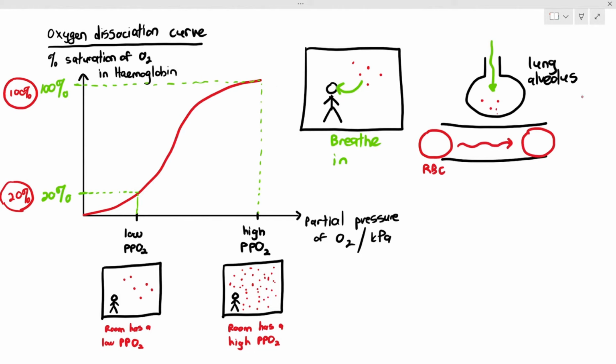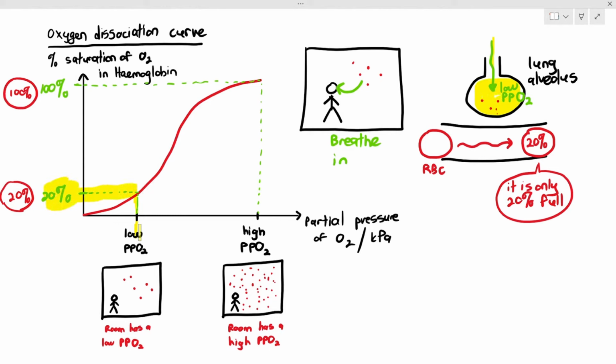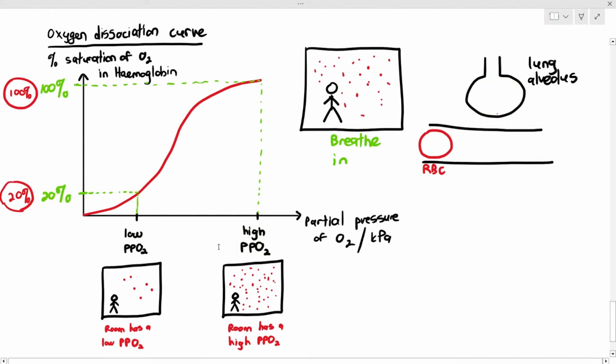So when there is very little oxygen in your lung alveolus, very little oxygen will then diffuse into the red blood cell. And thus, your red blood cells will only be 20% saturated with oxygen. That's what that means. It means when you breathe in a low concentration of oxygen, your red blood cells are only going to be saturated at a very low percentage, like 20%.